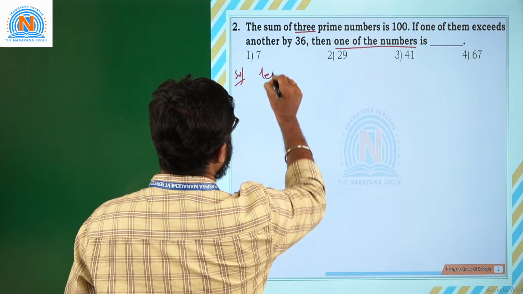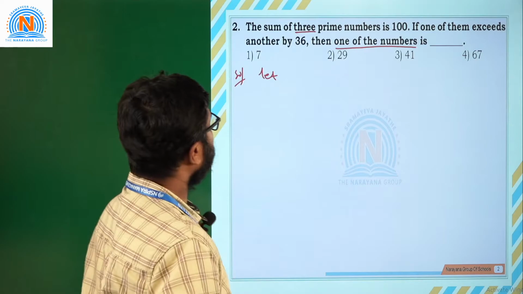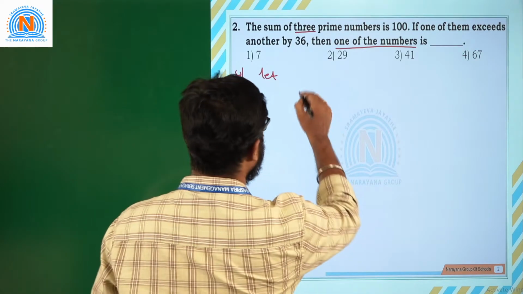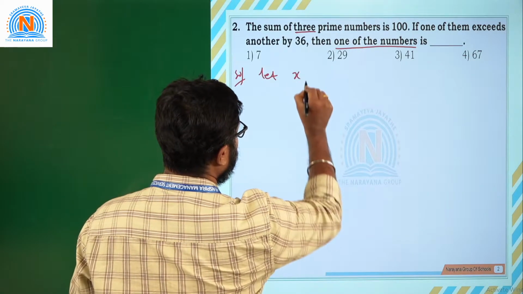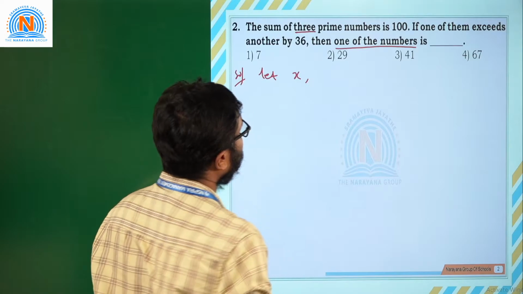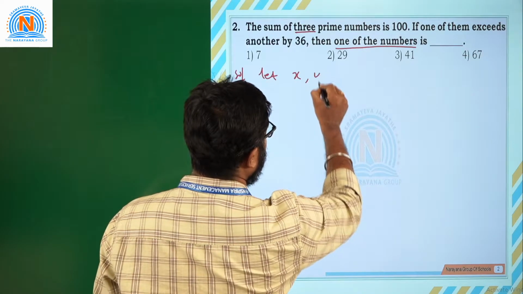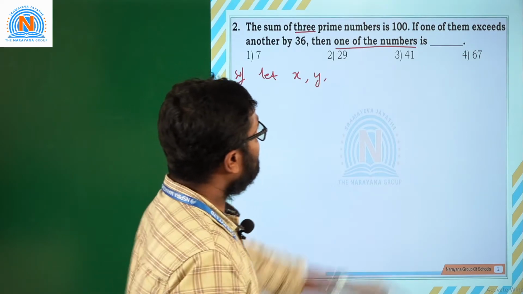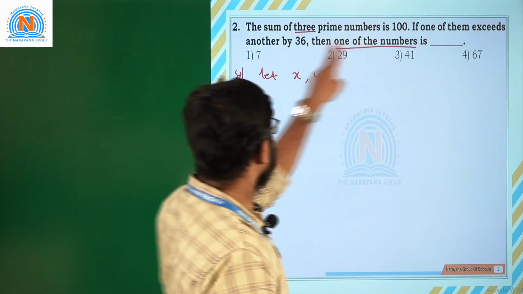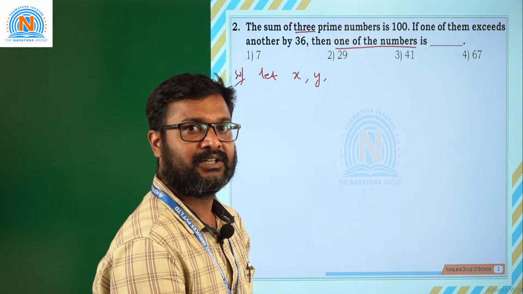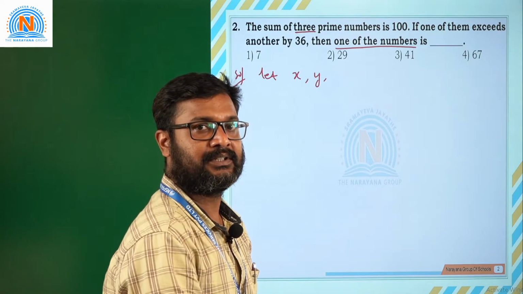Let the three prime numbers be like this. The first prime number be x, and the next prime number be y. If one of them exceeds another by 36, that means 36 more than another one.